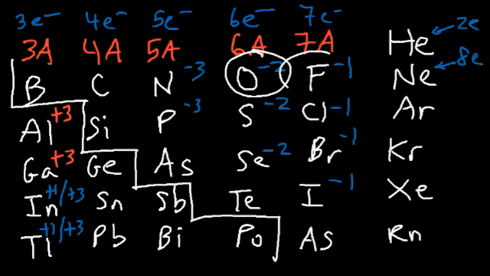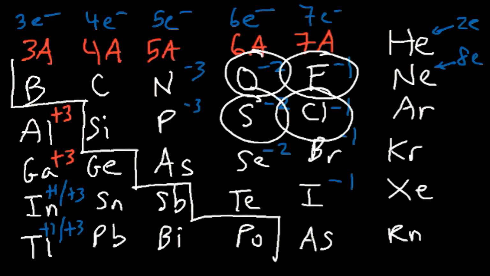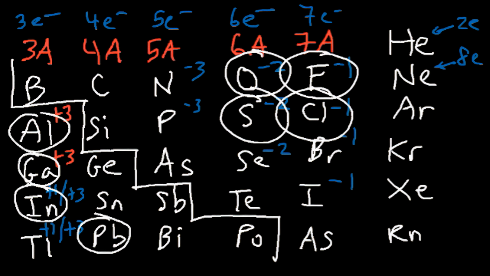Elements like oxygen, fluorine, sulfur, and chlorine are all nonmetals. Elements like indium, gallium, lead, and aluminum are metals. And in between you have metalloids. The two most common metalloids that you'll see in chemistry are silicon and germanium. Those are the most common metalloids that you'll be tested on.